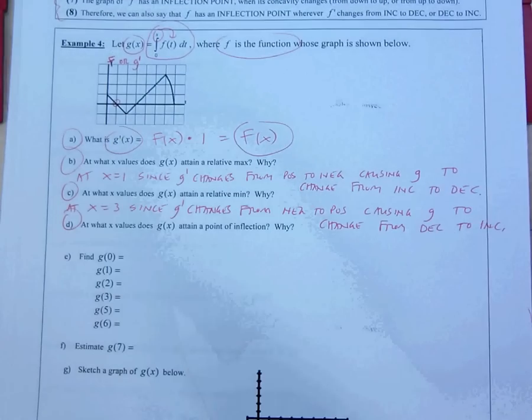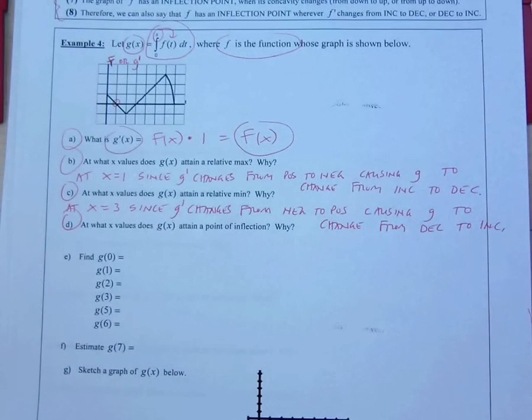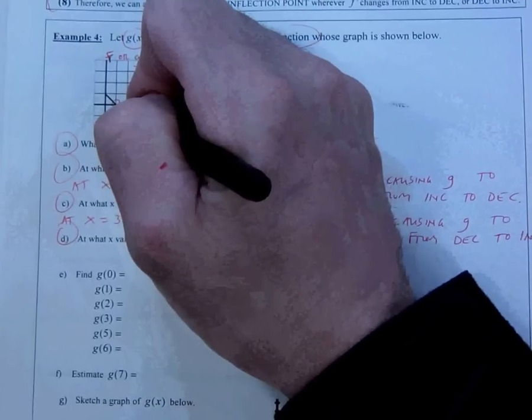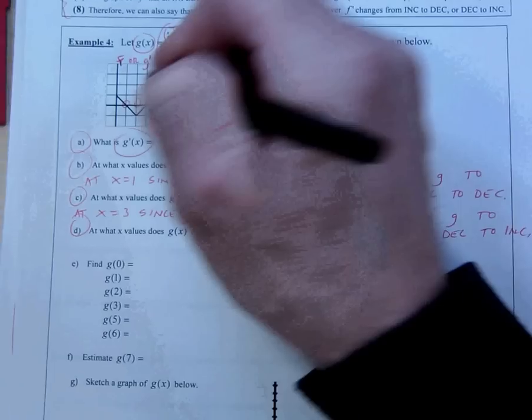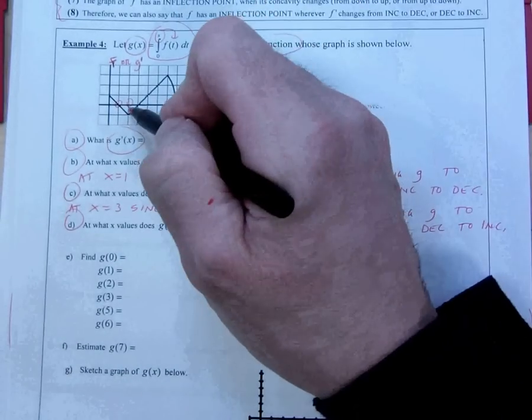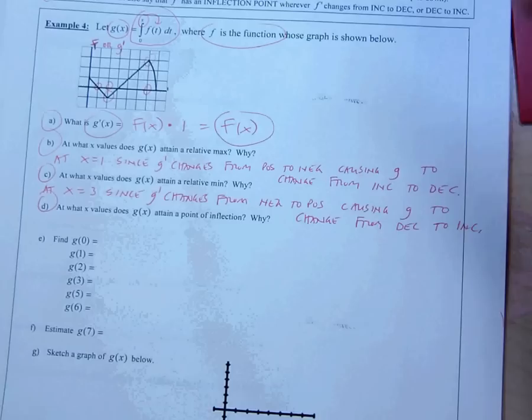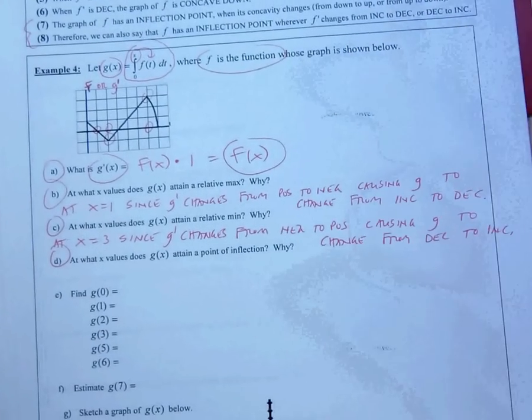I want to now know, where does G have an inflection point, if at all? G has an inflection point whenever G prime changes from increasing to decreasing or vice versa. Wouldn't that be here and here? Because right there, G prime changes from decreasing to increasing, and right here, G prime changes from increasing to decreasing.